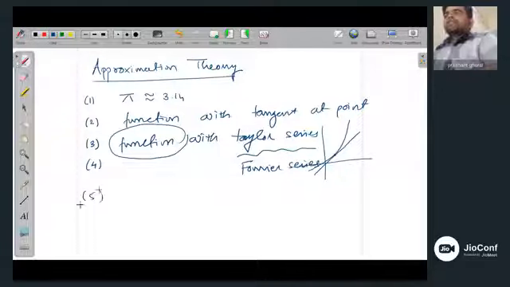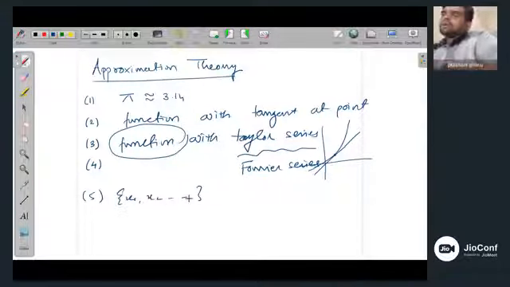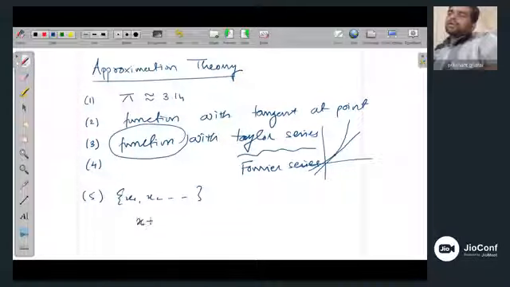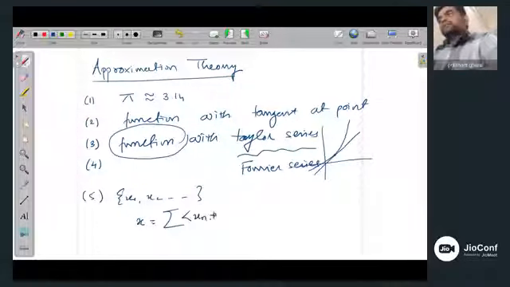And when they go to the postgraduate level in functional analysis, if you have a set U1, U2 and so on, which is an orthogonal basis in a Hilbert space, then any vector x in a Hilbert space can be expressed as the summation of <x, un> un as n tends to infinity.